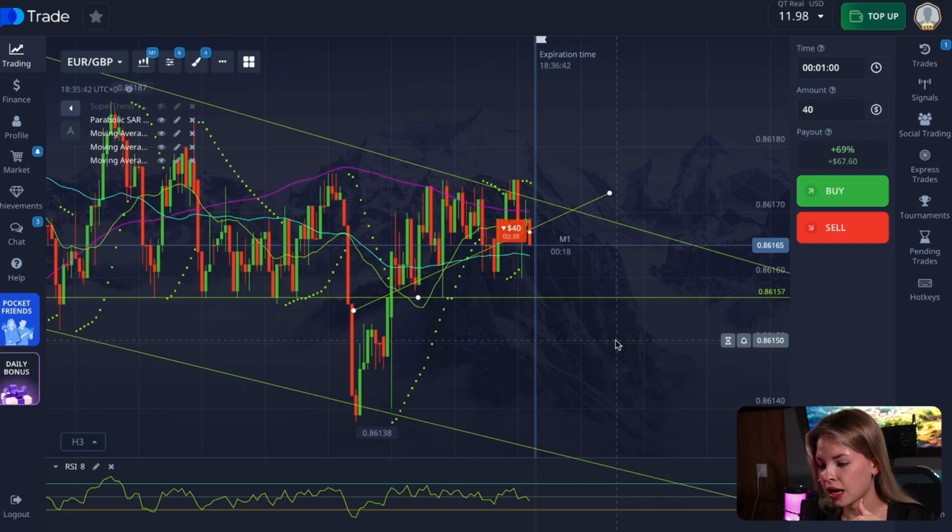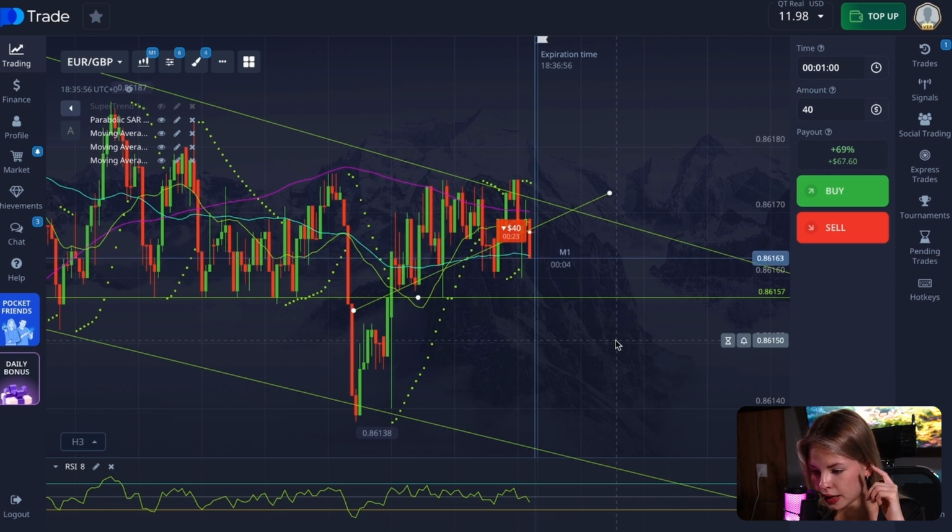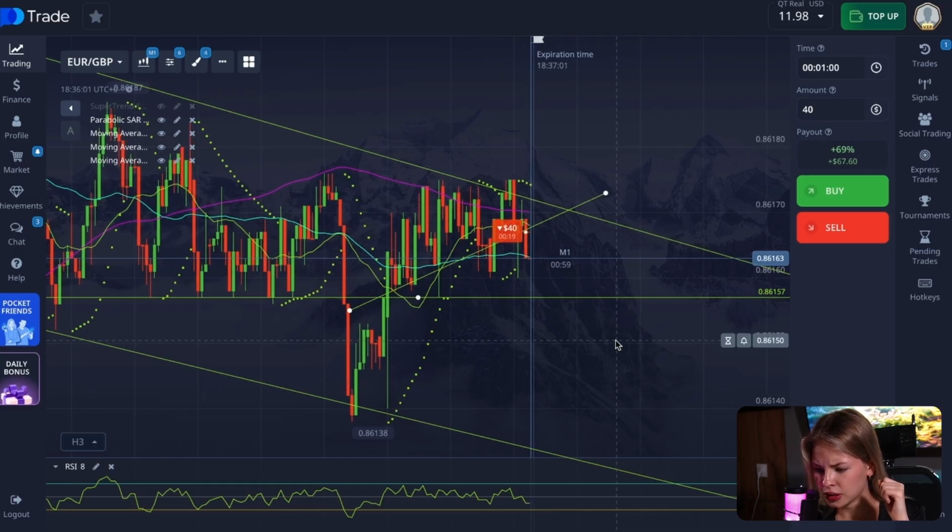And we see that the candles are still in the same range. That's fine, we're doing great. Okay, our candle is touching our 50 MA, but it won't break down this level. Of course not. And you see that it's going back.